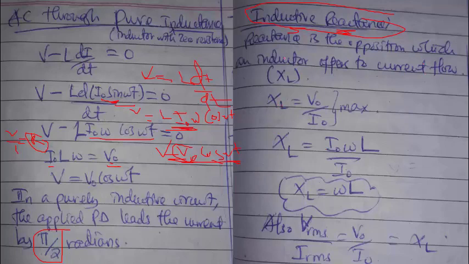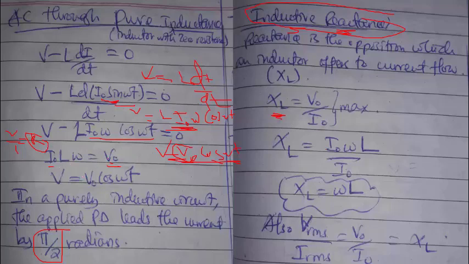So this is true for inductive reactance. We also have capacitive reactance for capacitors. So V naught over I naught, that's what we call the reactance.